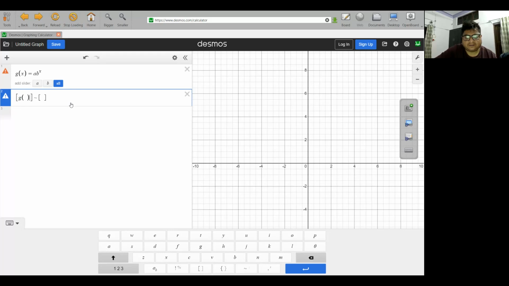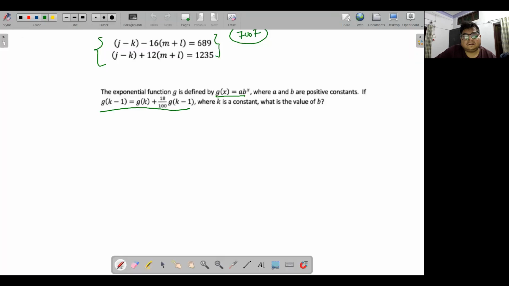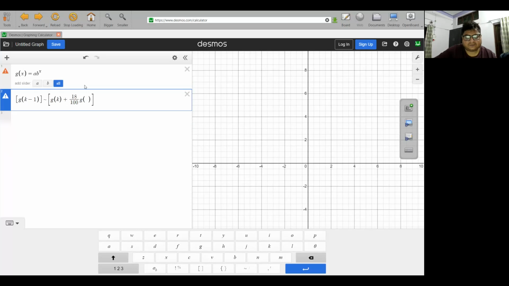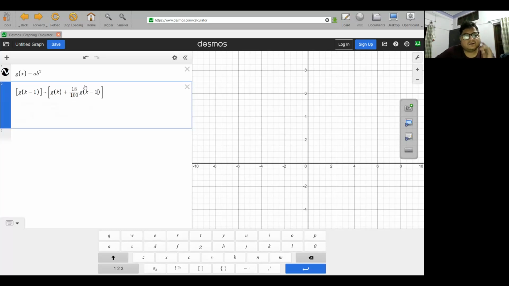So g of k minus 1, we can write it. And again, they are saying g of k, and this is plus 18 over 100 of g of k minus 1. You can just write g of k minus 1. Now you can see they will give you the value of a, b and k.